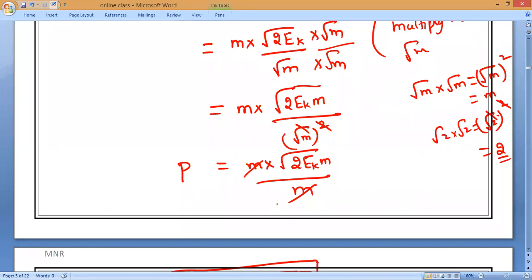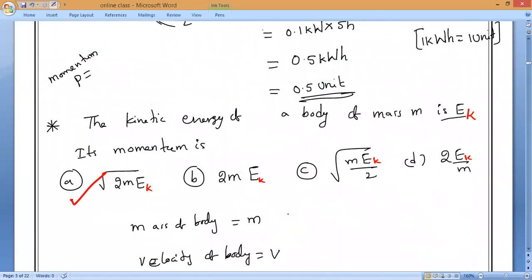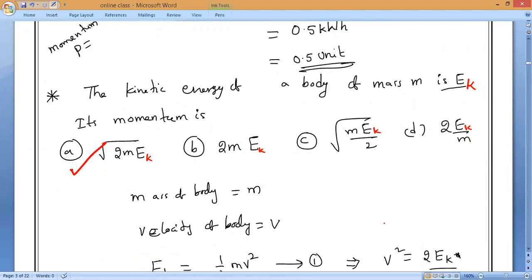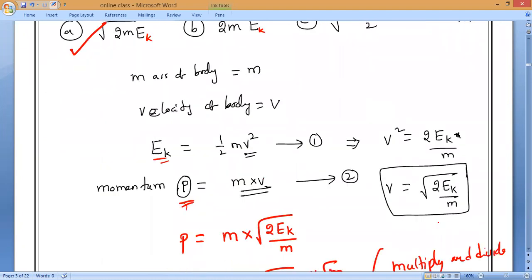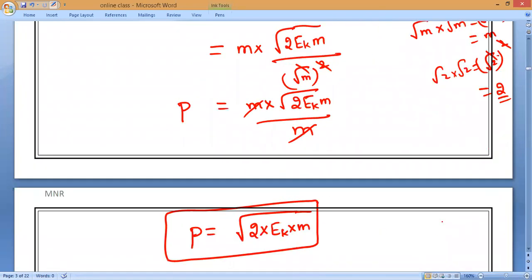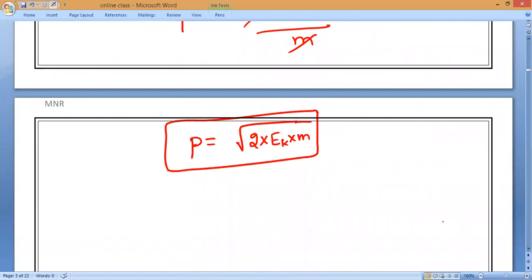Now, if they ask the same question in the exam, you write how kinetic energy and momentum are related to each other. Same thing you have to solve, everybody. So please remember that. How are kinetic energy and momentum related to each other?